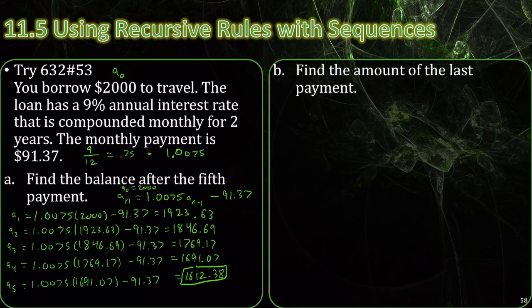So, let's find the amount of your last payment. To do that, we could use a calculator, and we could run this recursively again. So we'll start by putting in that. After that, we'll put in that, and we're going to do 24 payments. So we'll have to very carefully count.